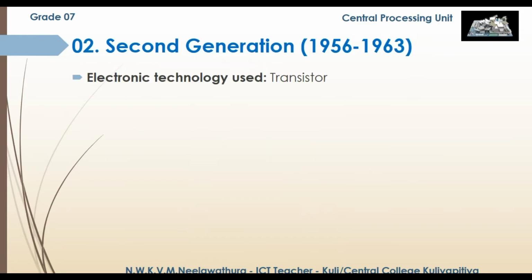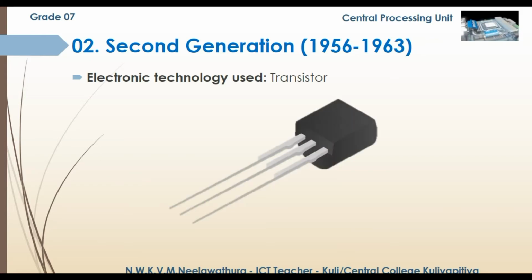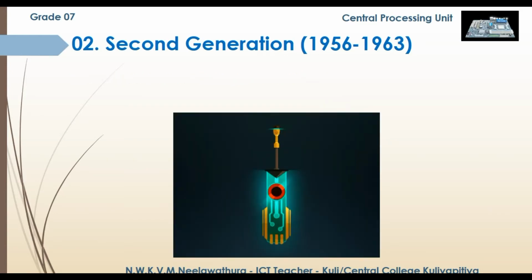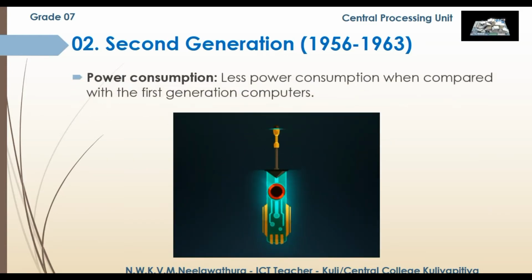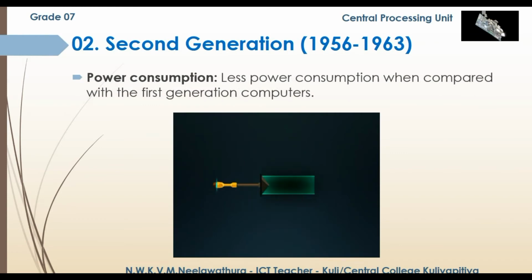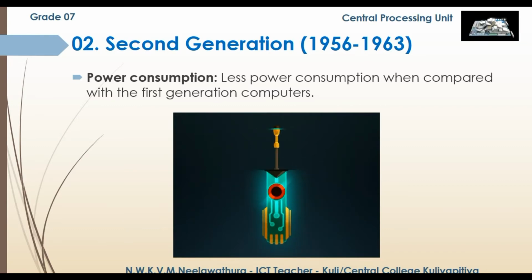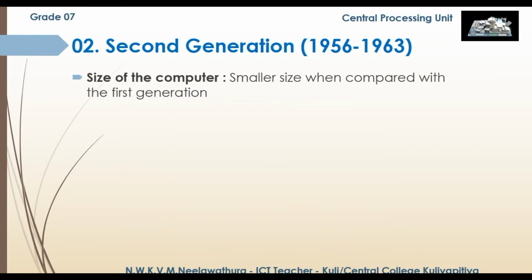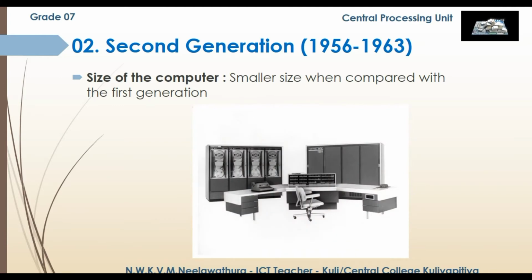Let's go to second generation, 1956 to 1963. The main electronic technology: transistor. Power consumption: less power consumption when compared with the first generation computers. Size of the computer: smaller size when compared with the first generation.